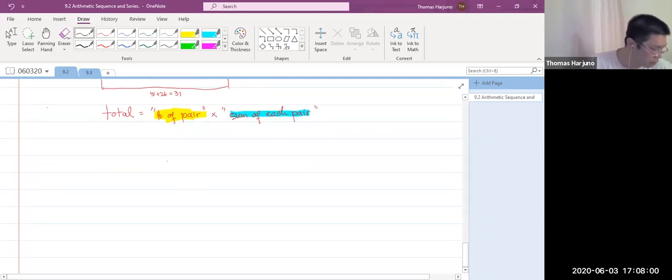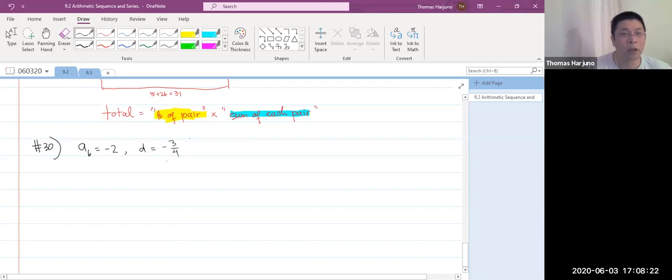Okay, for example, if I do number 30, we are given that the 6th term is -2, the common difference is -3/4, and we need the first 40 terms.